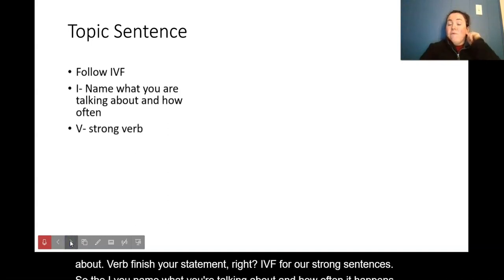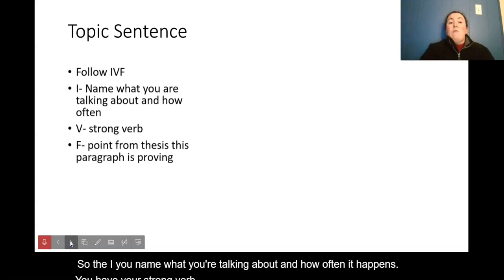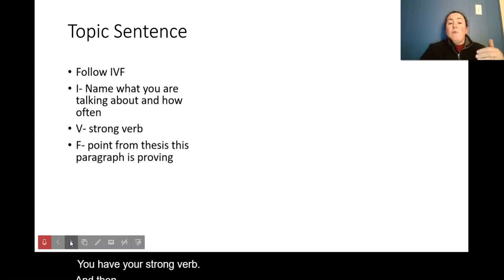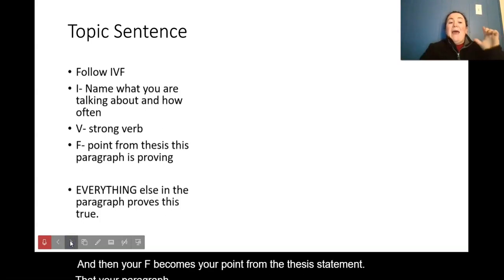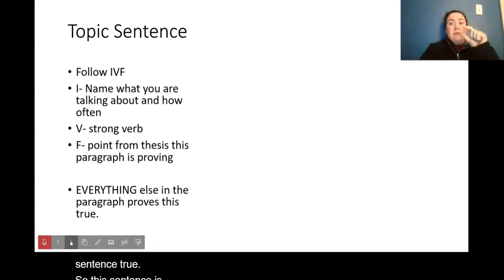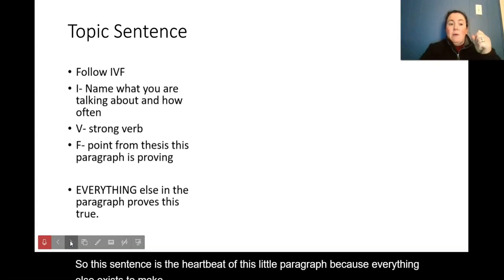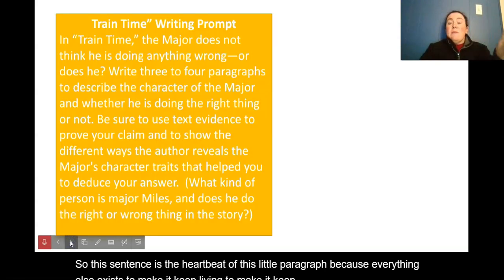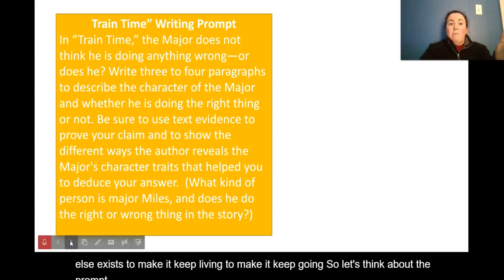You have your strong verb, and then your F becomes your point from the thesis statement that your paragraph is proving. Everything else in the paragraph proves this sentence true. So this sentence is the heartbeat of this little paragraph, because everything else exists to make it keep living, to make it keep going.